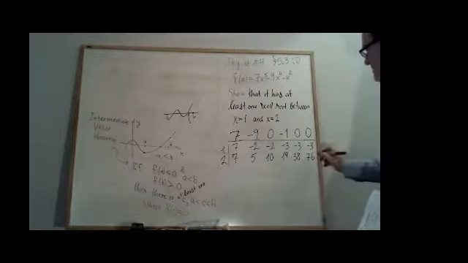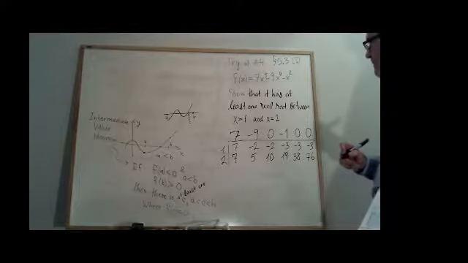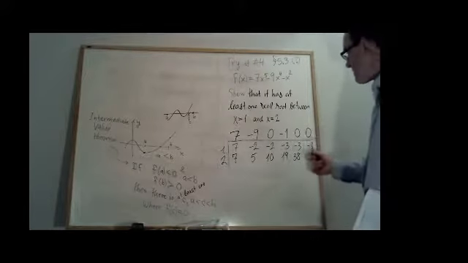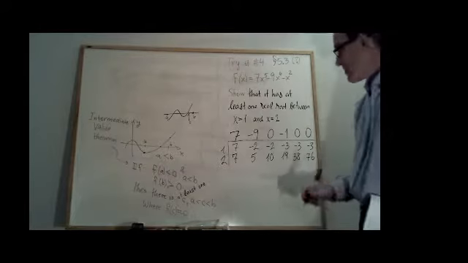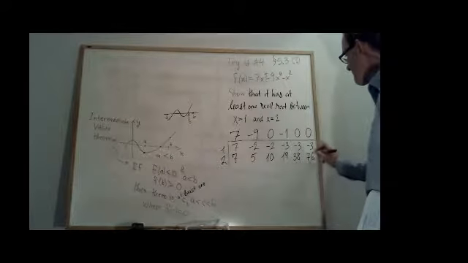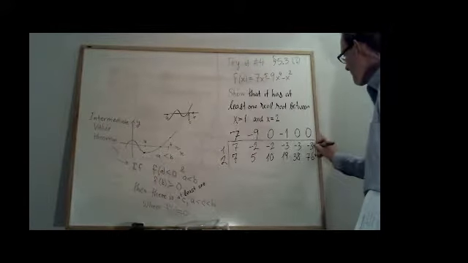Okay, so here this is now positive. So there must be a root between them. So that's all you have to do. You can just note the sign change between these two.